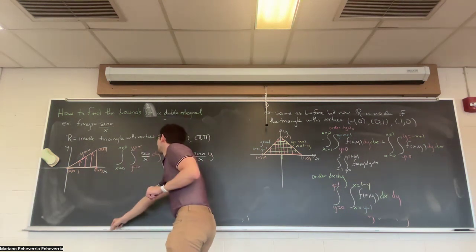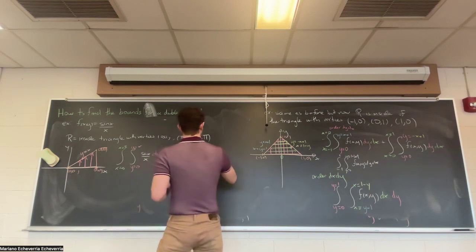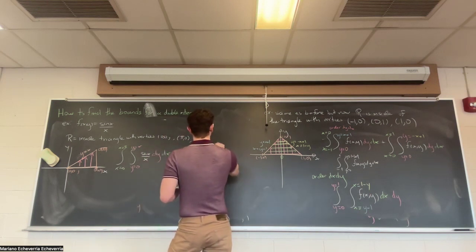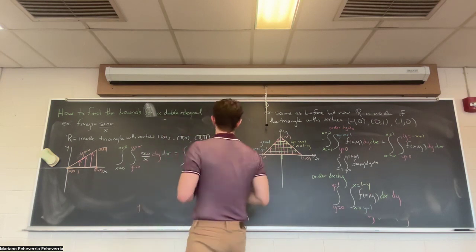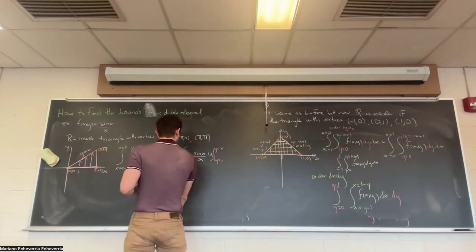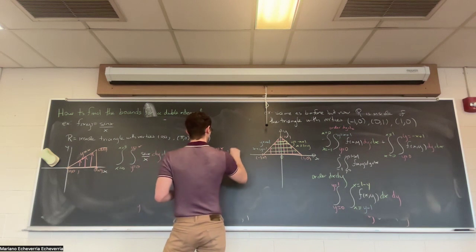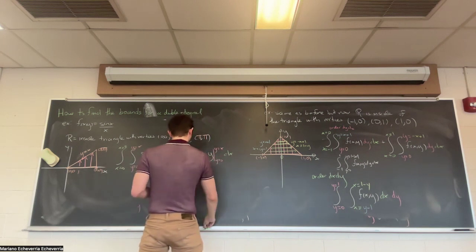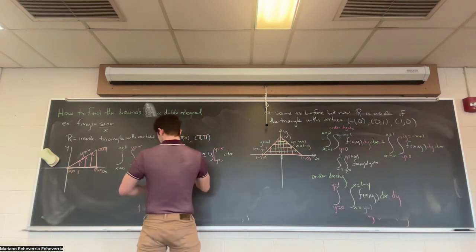And then it gets evaluated at y equals 0, y equals x. And whatever you get there, you integrate with respect to x, from x equals 0 to x equals pi.